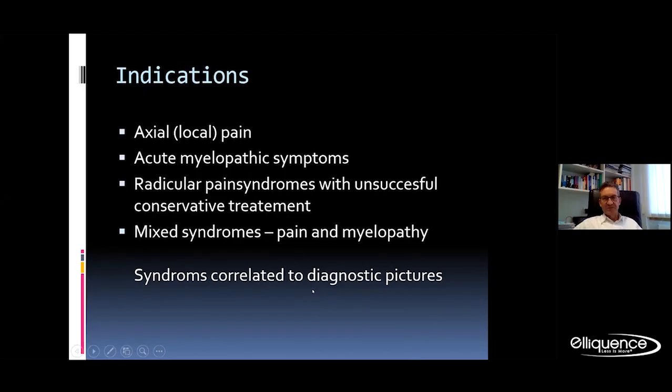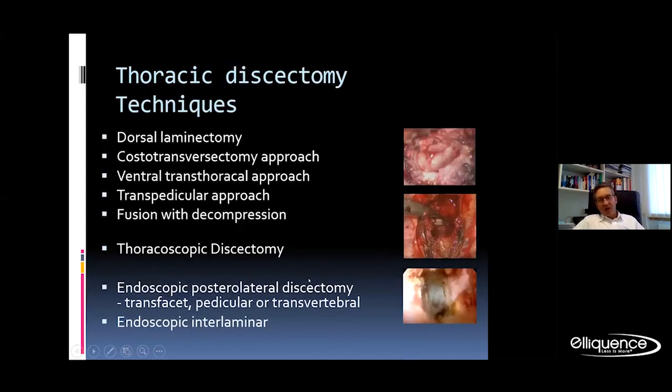So when we go over to a surgical technique, we have to figure out what is best. We have different surgical techniques, as we've seen before. We have the dorsal laminectomy, we have the costotransversectomy as an approach, ventral transthoracic approaches, transpedicular approaches, or even the fusion technique.